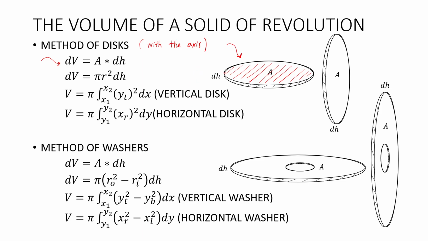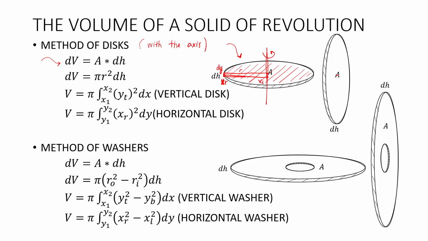So if you try to determine the vertical strip, the horizontal strip here. Let's say this is the center, and this is the axis of symmetry, or the axis of rotation. Notice that this one is dx, dy, and then this will be the radius. So this is y top, x right, then this will be the x left.